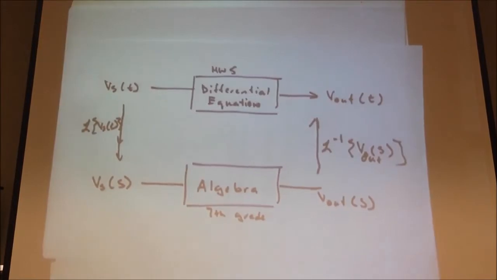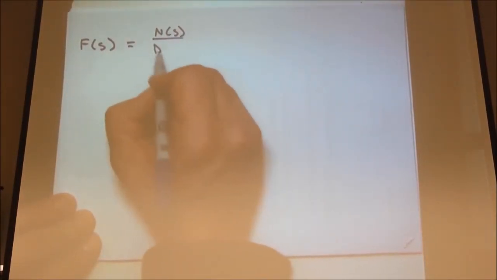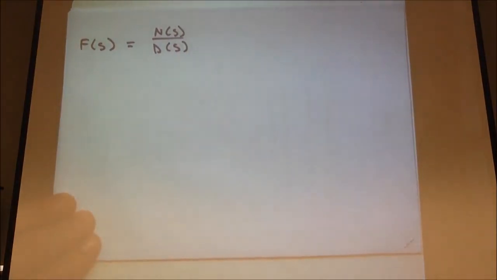So, what are we looking at here? Well, when we look at a Laplace function, and we'll just do an arbitrary Laplace form, so that's a function in the s domain, what we'll eventually do, or we'll aspire to, is some ratio N of s over D of s.